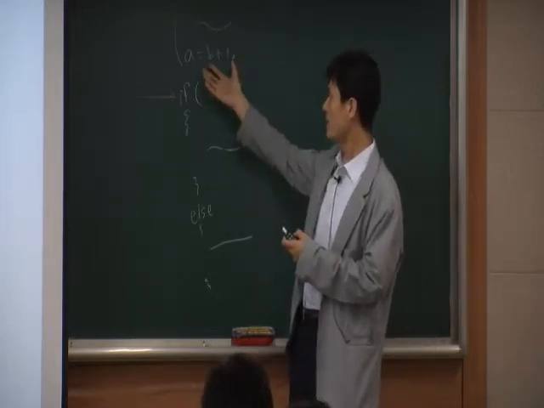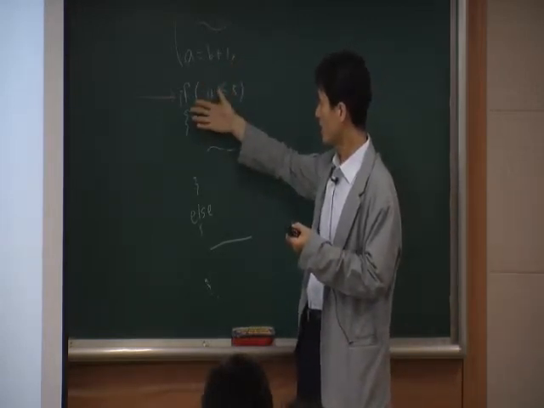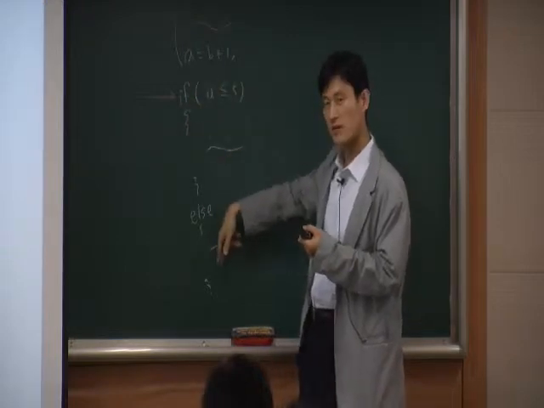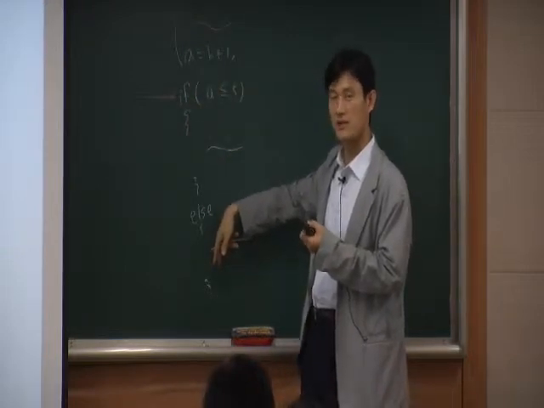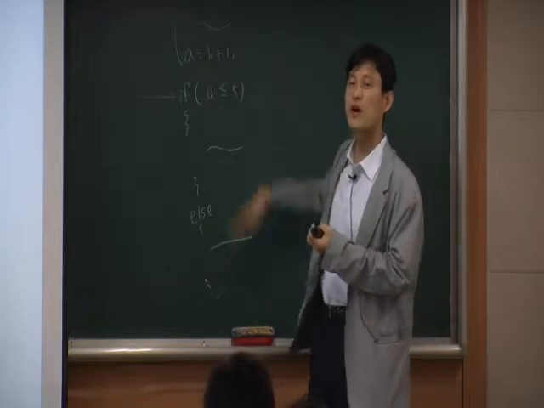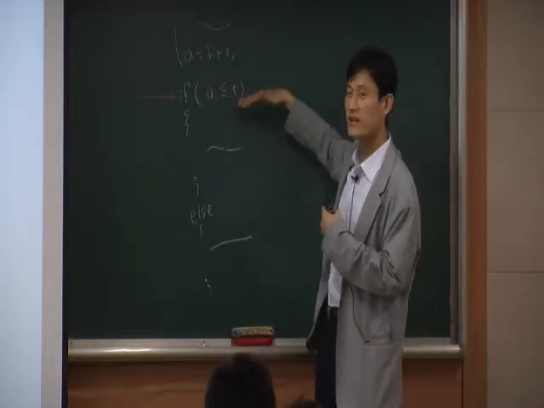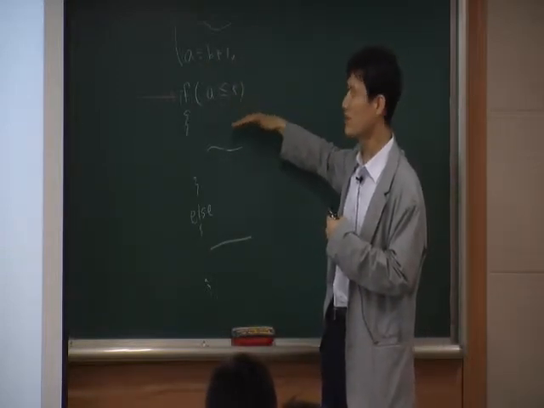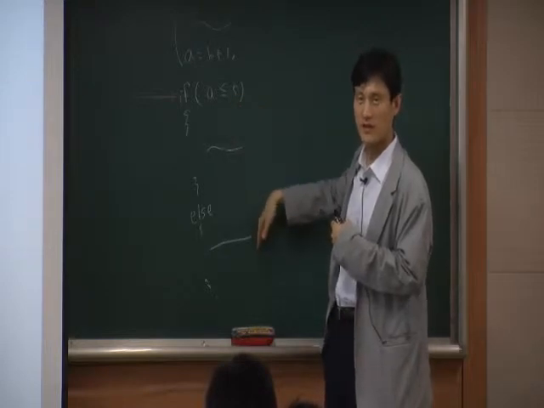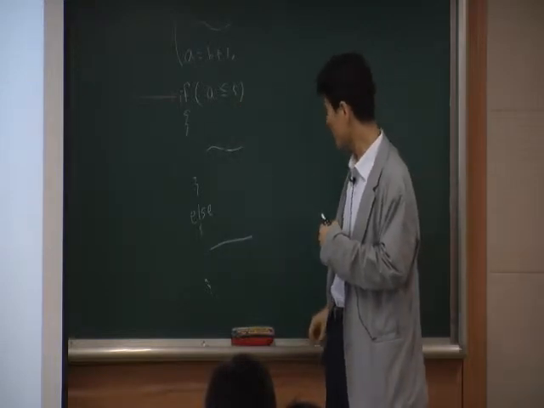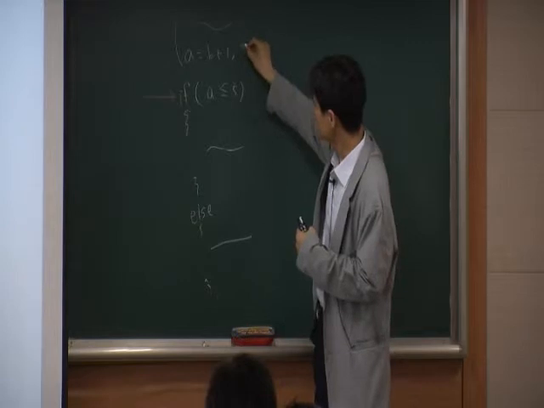Do you think the compiler can find out whether you jump to here or there? The compiler never knows. You have to run this. Only when you run it do you know whether to go here or there, because there's some condition.